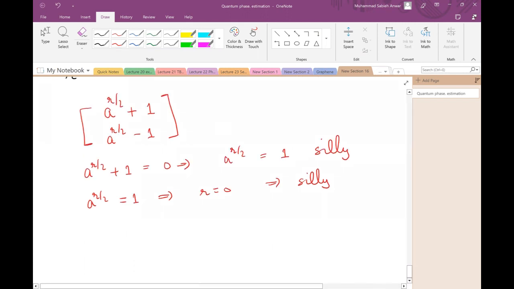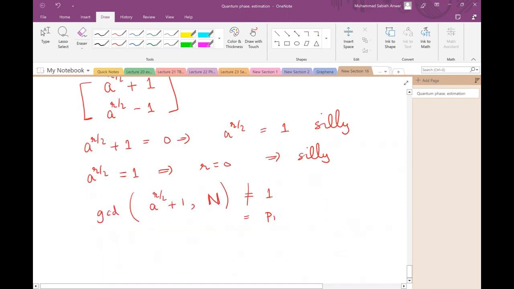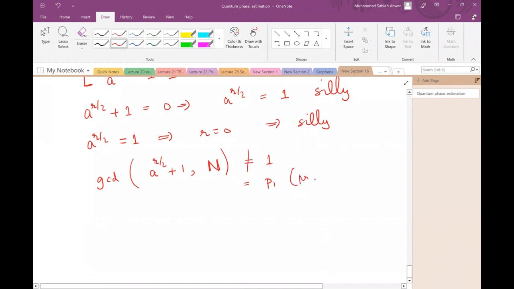So none of these numbers is 0, and none of these numbers is some multiple of n. So what we could then do is find the greatest common divisor of a^(r/2) plus 1 with n. And if this is not equal to 1 and is some number which is p1, then p1 would be a prime factor of n.